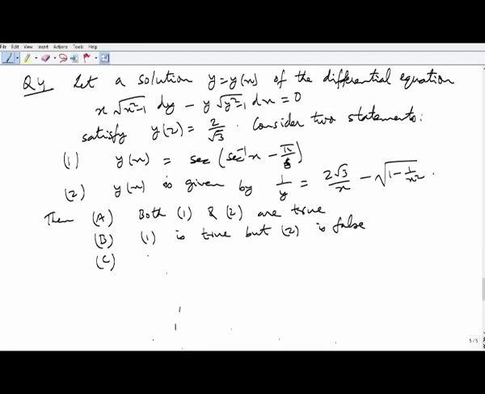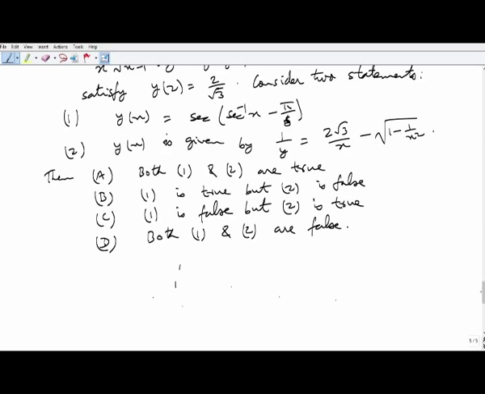C is 1 is false but 2 is true, and D option is both the statements 1 and 2 are false.